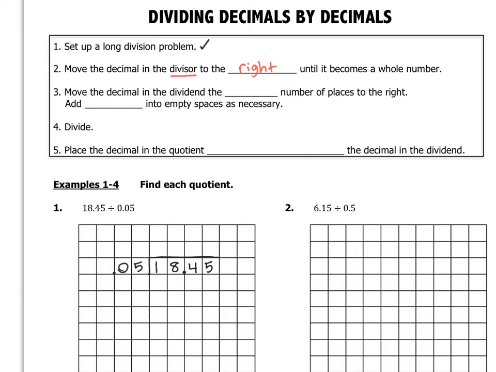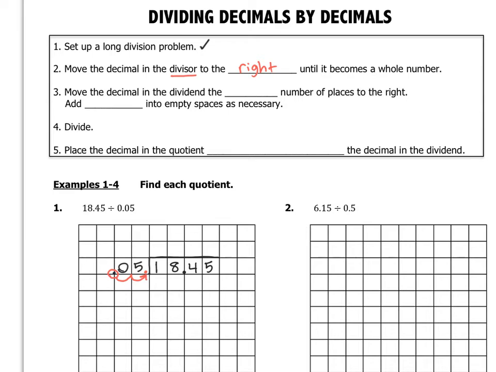So we need to move our decimal point to the right until this number becomes a whole number. If I move it one place to the right, I get 0.5. That's still not a whole number, so now I need to move this decimal point 2 places to the right to get the number 5. Once I've moved that decimal point 2 places to the right, I can stop since I now have a whole number 5.